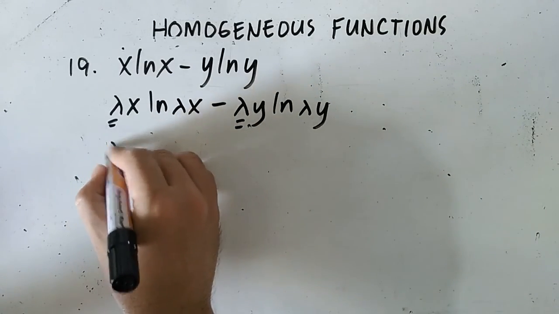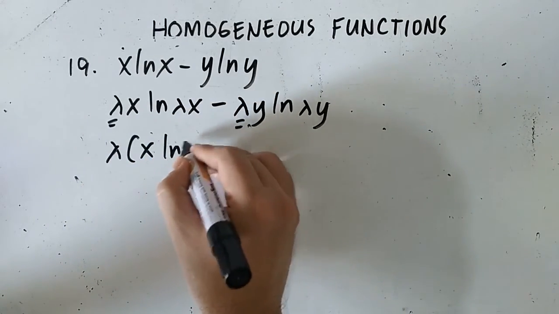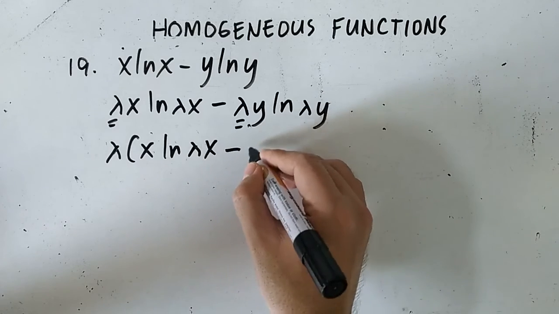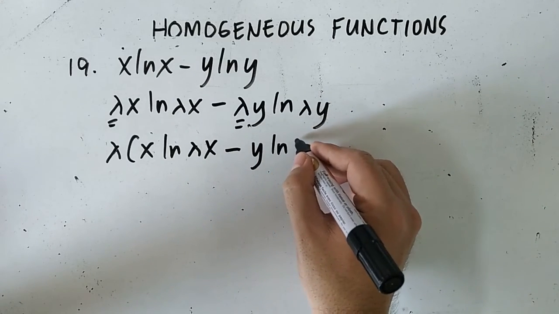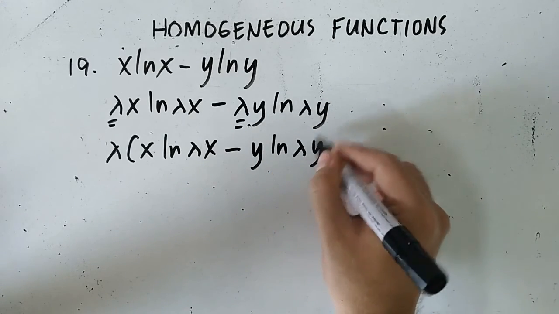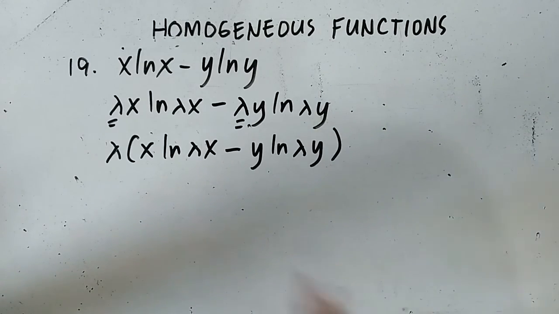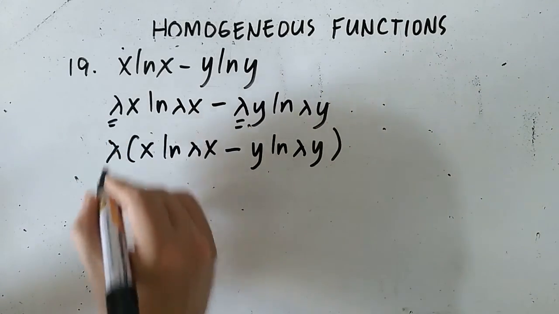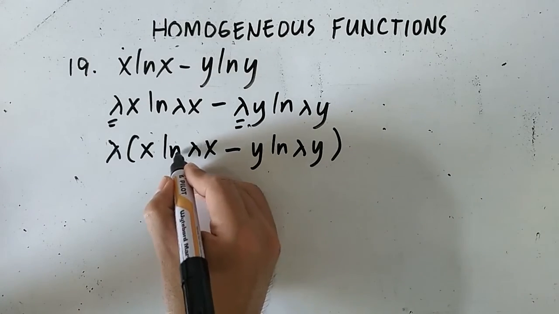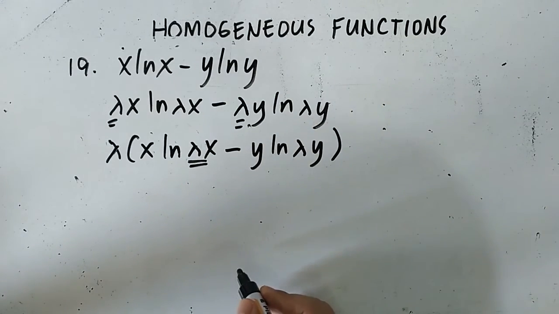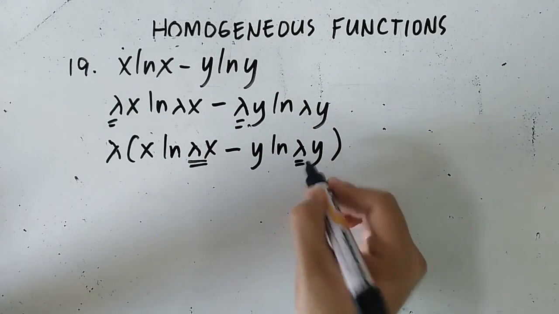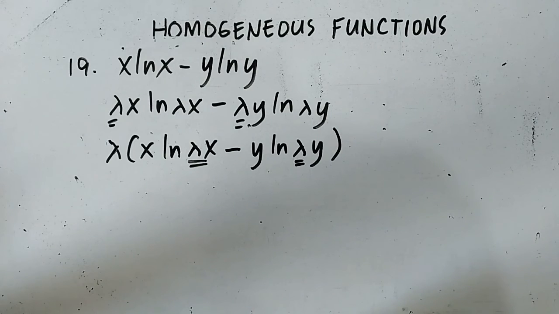So we have lambda times x ln lambda x minus y ln lambda y. But as you can see, there is no way we can factor out lambda inside the logarithm.